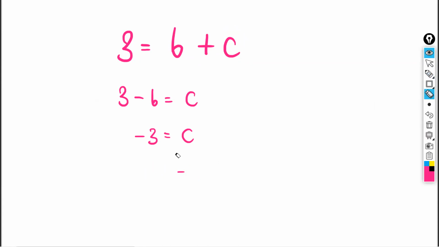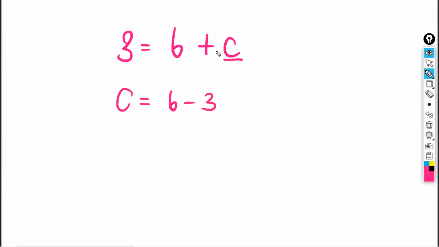But I think what you guys are doing, which you shouldn't do, is putting this C over to the left side and just saying positive C is equal to 6 minus 3. You can't do that because anything that goes over the sign has to change sign. This is the mistake you guys are making.